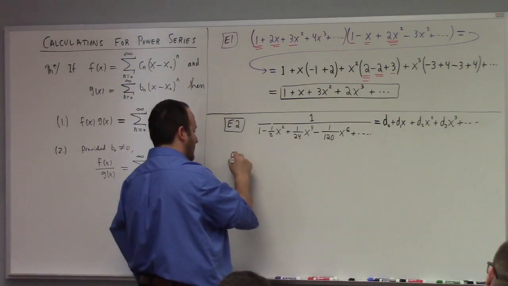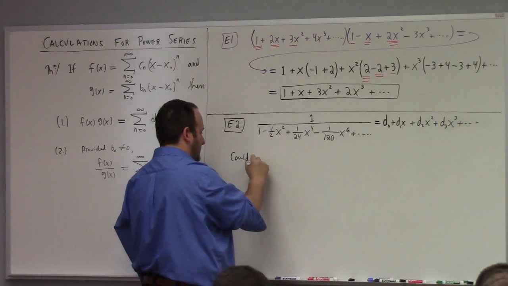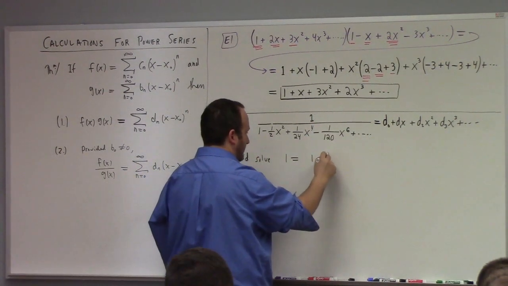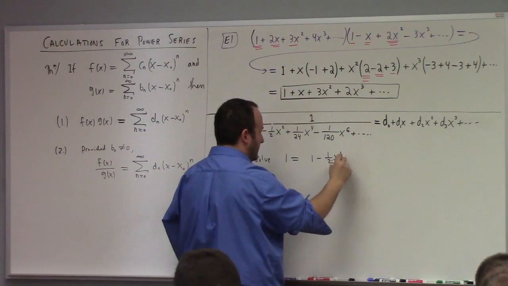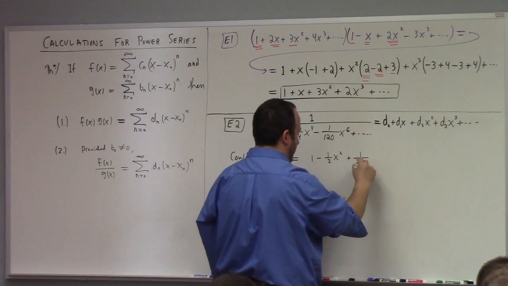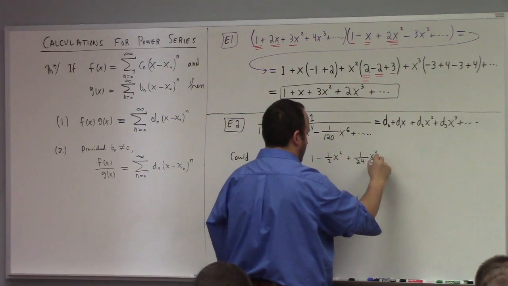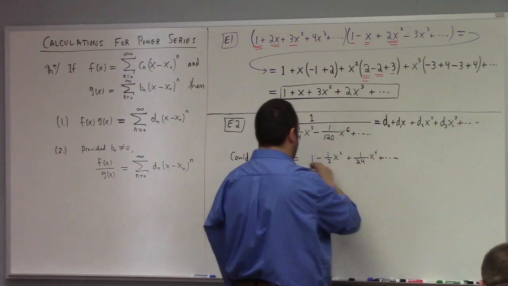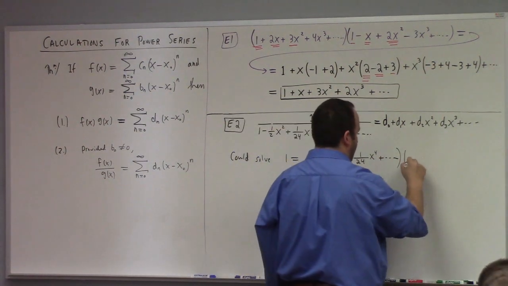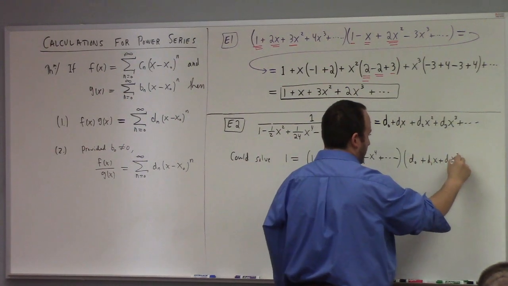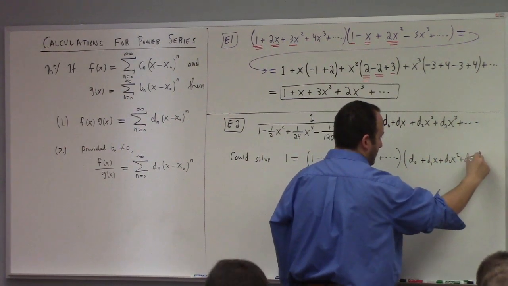We could just solve 1 equals the product of 1 minus 1 half x squared plus 1 over 24x to the fourth, and I think that's probably all I need, yeah? That times d0 plus d1x plus d2x squared plus d3x cubed plus dot, dot, dot.